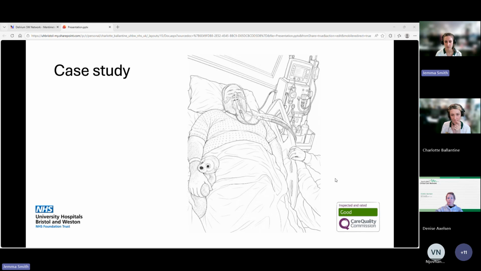Yeah, so he's already got not great kidneys at baseline, so that's going to potentially have an impact from a biochemistry perspective.